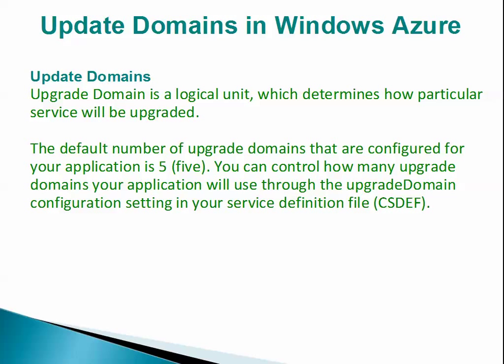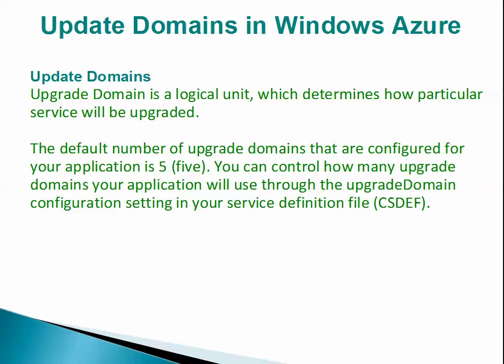So when we deploy our application with a minimum of 2 instances, the fabric controller will automatically deploy each instance to different domains, like with fault domains.